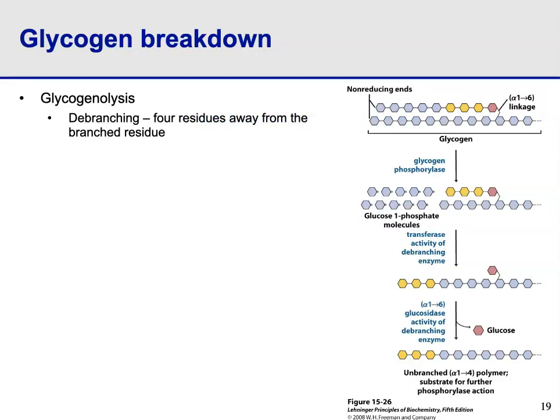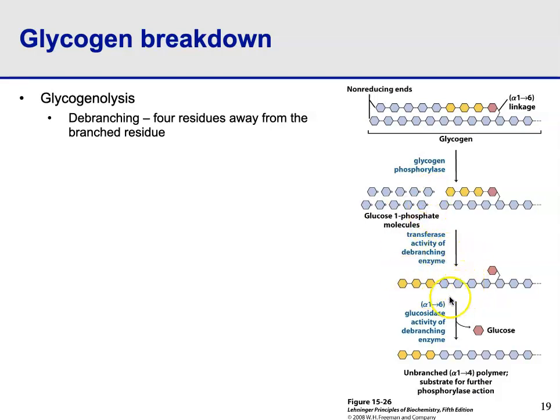Alright, but we're not dealing just with linear polymers here. As you know, glycogen has branches. And how do we deal with these branches? Glycogen phosphorylase removes residues one at a time from the non-reducing ends, but at approximately 4 residues from the branch, the debranching enzyme comes in, removes 3 of the 4, and places them on another chain, whether the same or a different one doesn't really matter.